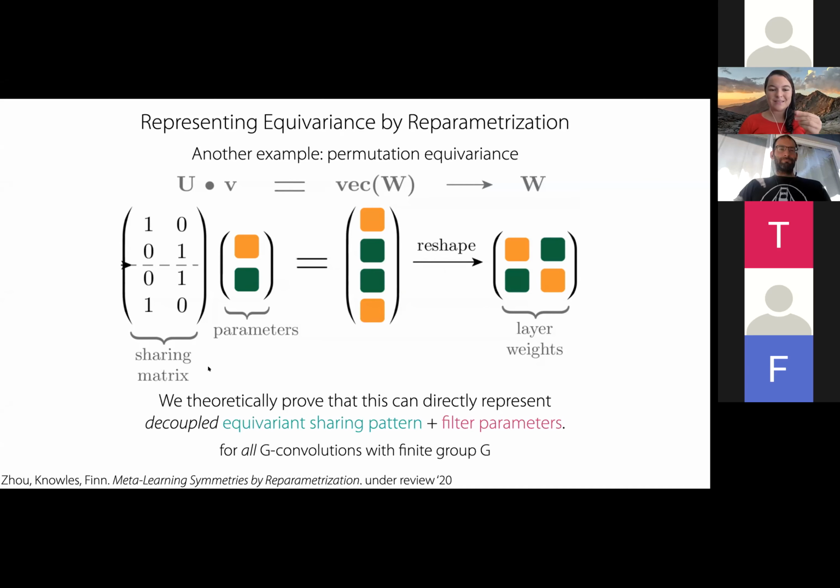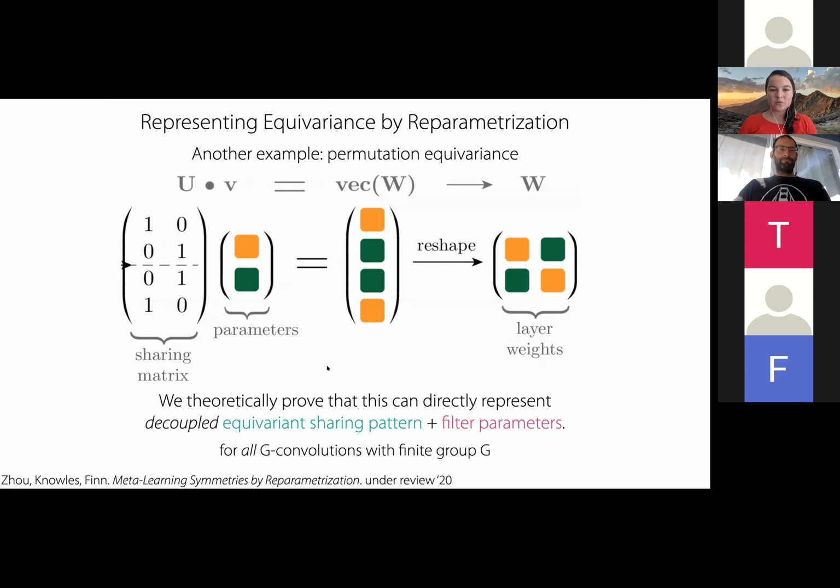This is important because it means that we can represent a wide range of different symmetries in this sharing matrix. This doesn't necessarily say that we're able to learn these symmetries, and we'll have some experimental results at the end that discuss this, but it importantly means that we can represent a wide range of group equivariances.